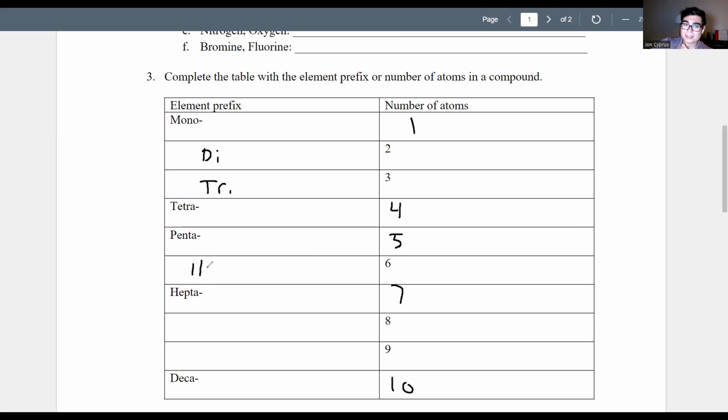Hexa is 6. Hepta is 7. Octa is 8, not octo, octa. Nona is 9, and deca is 10. And that's it for this table. So you're just going to have to know these by heart when you're naming stuff.